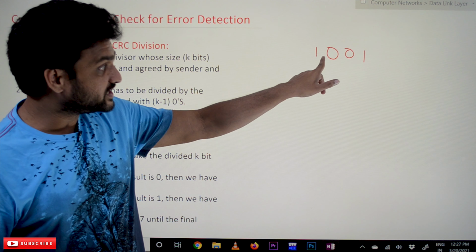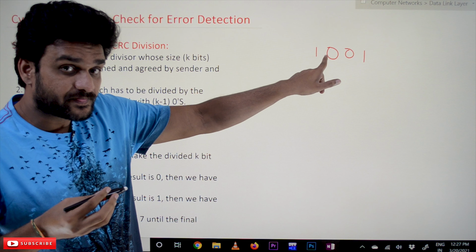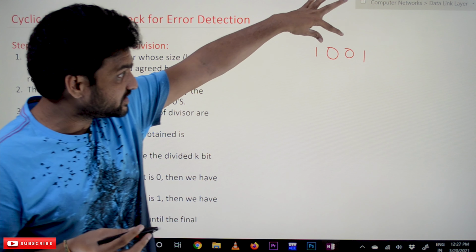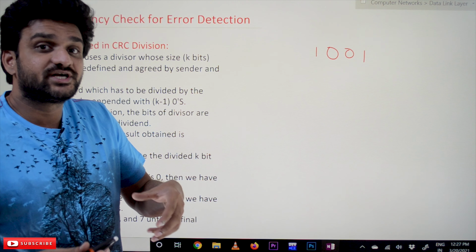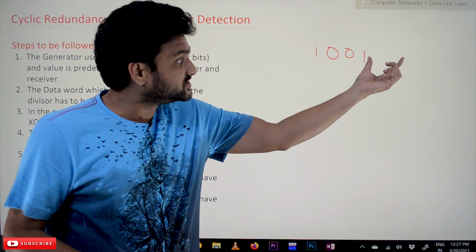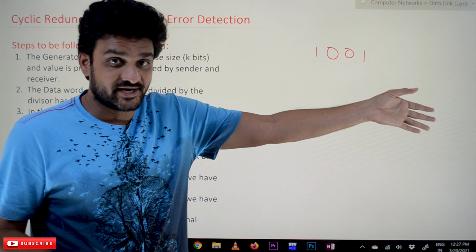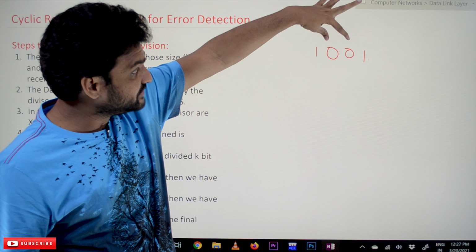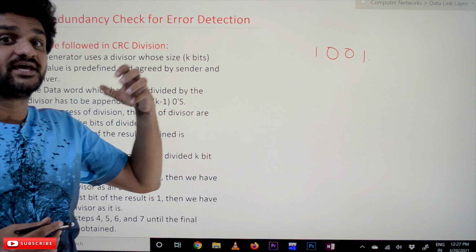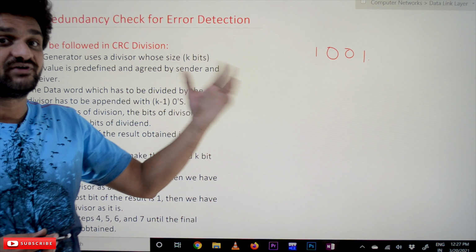Based upon this data word, we are going to create the redundant bits, and those redundant bits will be appended to it and transmitted. In the division, there is a dividend, and there is a divisor.